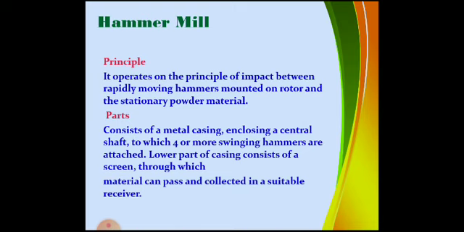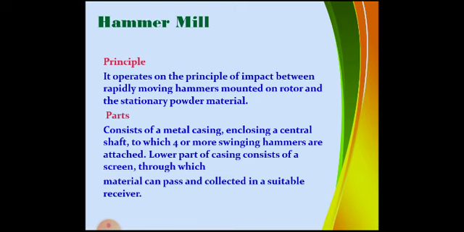it operates on the principle of impact between rapidly moving hammers mounted on a rotor and stationary powder material. The parts: it consists of a metal casing enclosing a central shaft to which four or more swinging hammers are attached.